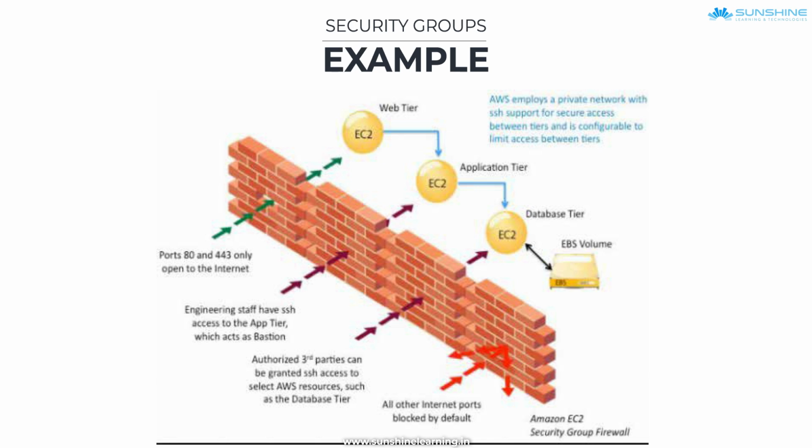Now to access a web application, what do we require? We need to open up port number 80, which is an HTTP port, or if it is a secure website, then we need to open up port number 443, which is the HTTPS protocol. If we open up this port on the security group for the public IP addresses on the internet, then anyone who tries to access a website using a URL will be able to get the web page, because port number 80 and 443 are open on the firewall, and that allows the inbound traffic.